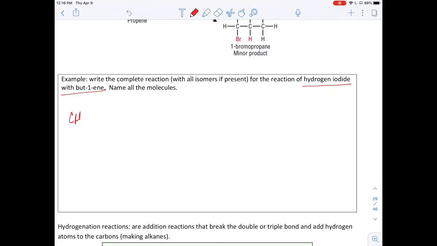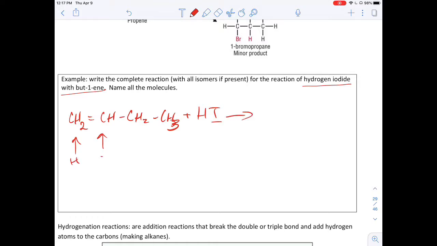So it's a but-1-ene. I've got my double bond on my first carbon, and sorry, that's a 3. And I'm adding hydrogen iodide. Now my hydrogen can bond here and my iodine here, or you could reverse it.